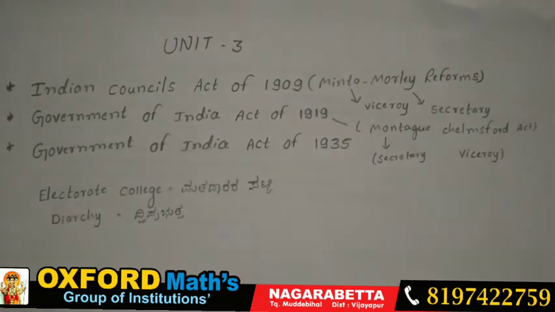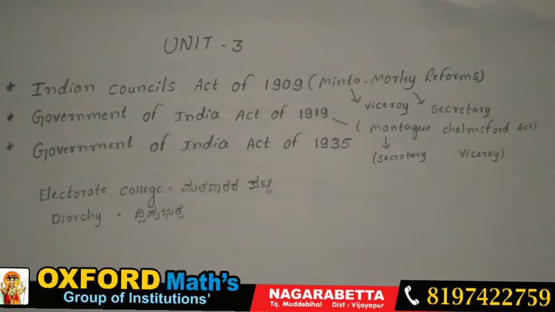A High Commissioner was appointed for India, elections were conducted regularly, and local self-government started to be provided by implementing the election system. The provincial budget was separated from the central budget. Before, every budget was announced by the British Parliament itself, but hereafter a separate budget for the provinces and a separate budget for the central government was introduced.